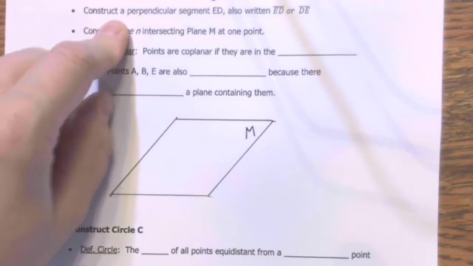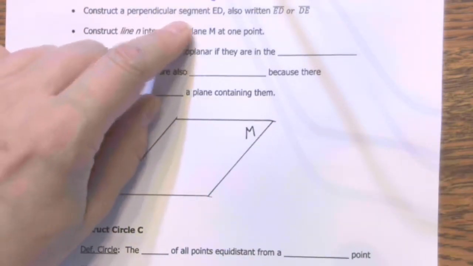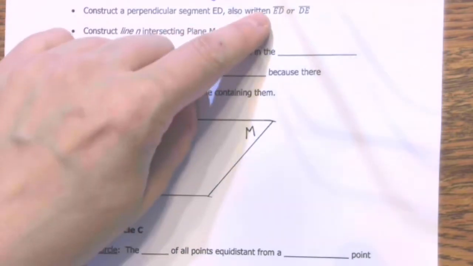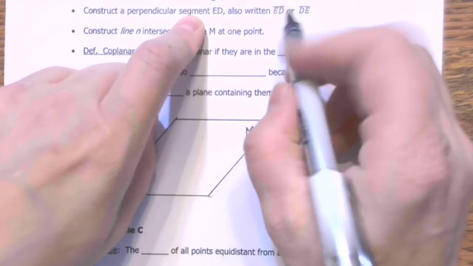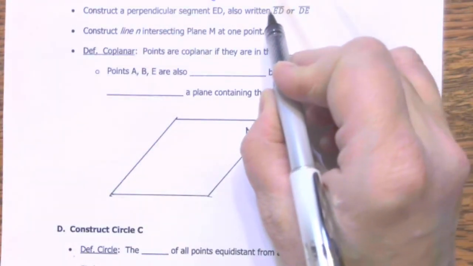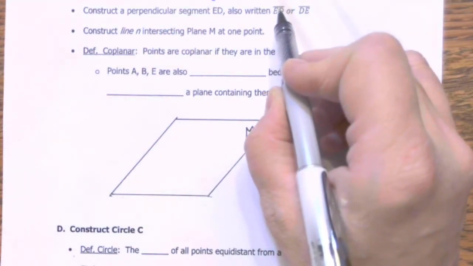It says construct a perpendicular segment ED, also written segment ED or DE. A segment has endpoints. So you'll notice it's got a line on top, but no arrowheads, because segments don't go on forever.